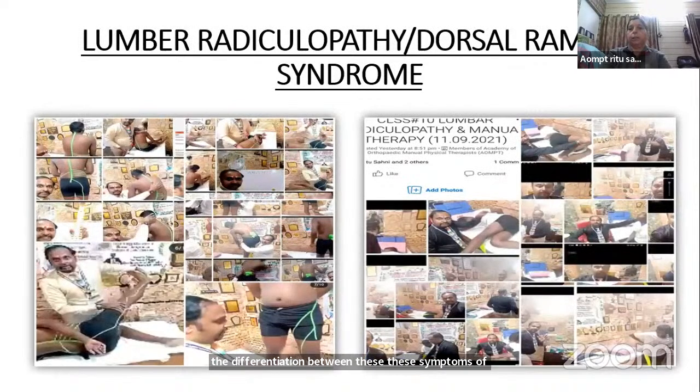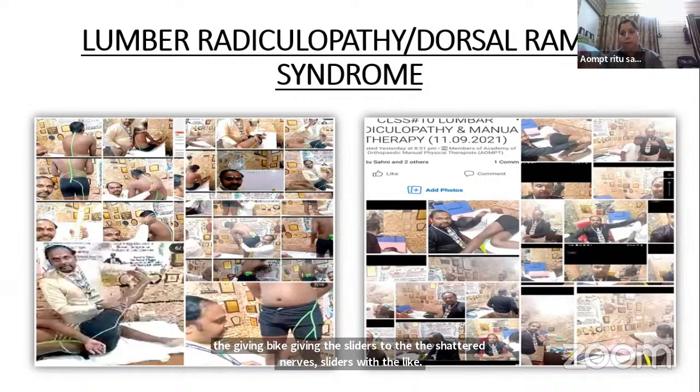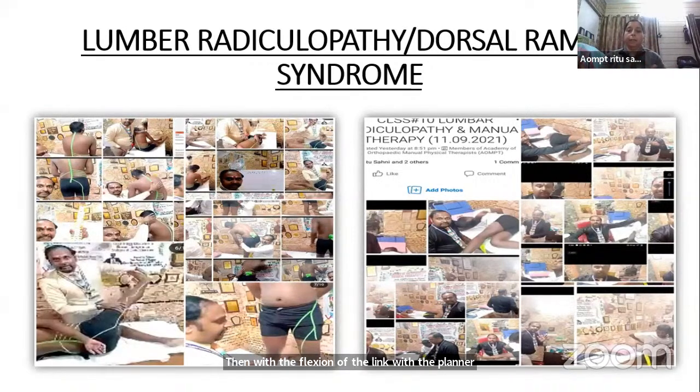And this is also the lumbar spine, radiculopathy as well as dorsal ramus syndrome, how we check the radicular pain, or the patient having pain related to numbness and tingling along the sciatic nerve. Keeping the patient in the SLR position, we check and give sliders to the sciatic nerve, with flexion of the leg with plantar flexion, or extension with dorsiflexion, we differentiate, we give the sliders and see the patient's symptoms.